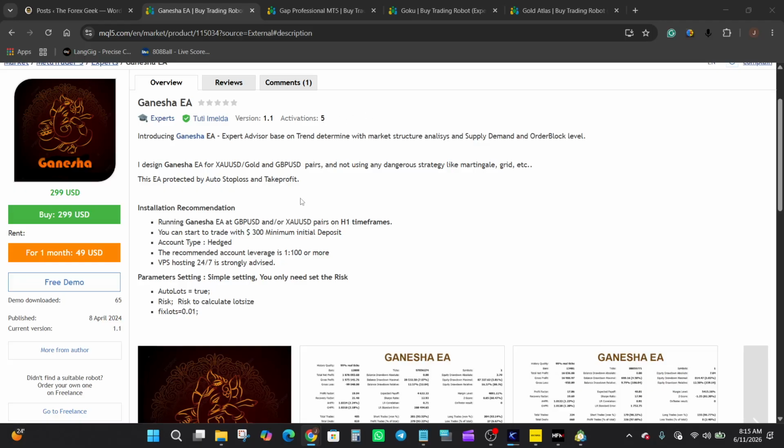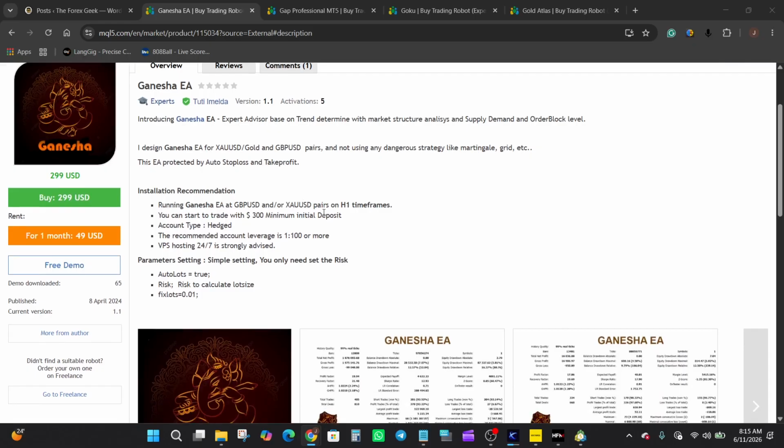As I scroll through the description, the developer explains that the EA is built around trend determination, market structure analysis, and supply and demand concepts and order block levels. So these are the core components highlighted on the marketplace page as the foundation of the trading approach.